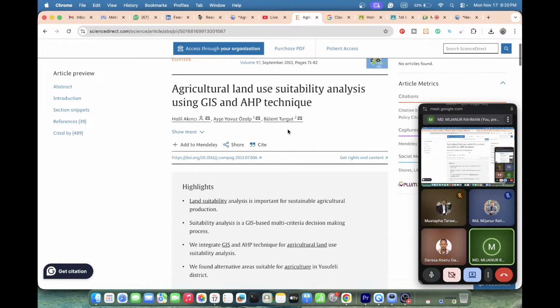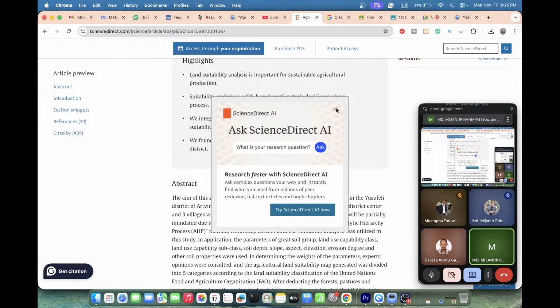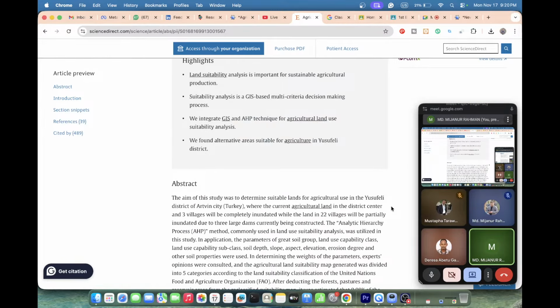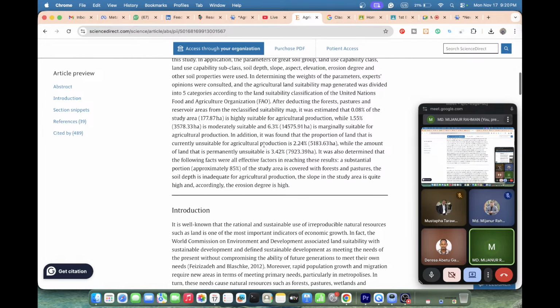This paper works with the GIS and AHP technique to identify agricultural land use suitability, and further calculates how much area is highly suitable and how much is moderately suitable. Okay, just compute the area.